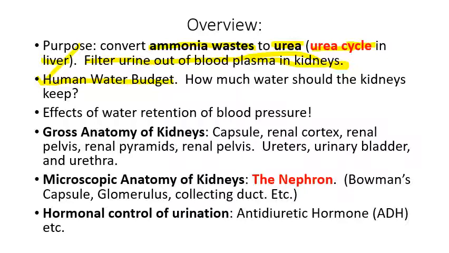So if you add together all the water that you lose during the day and all the water that you gain during the day, just like any other budget, you have to balance the two. If you're taking in more water than you're getting rid of, you will swell up and possibly explode. If you're losing more water than you're taking in, eventually you'll dehydrate and die. So we have a water budget that has to be balanced.